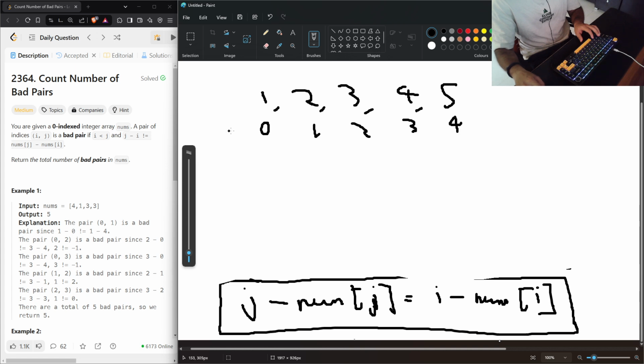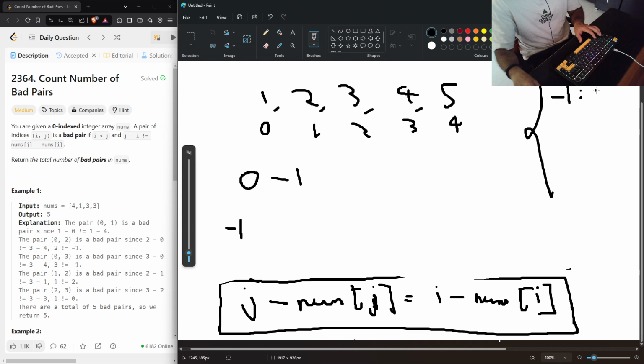Let's take this as the i, our i value going forward. Let's perform this part of the equation: i minus nums i will be 0 minus 1, which is minus 1. Then we'll store this minus 1 in the hash map and update its count to 1.